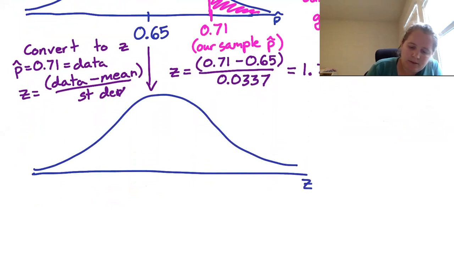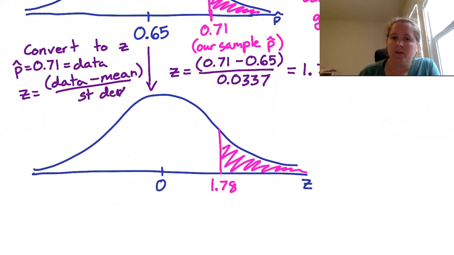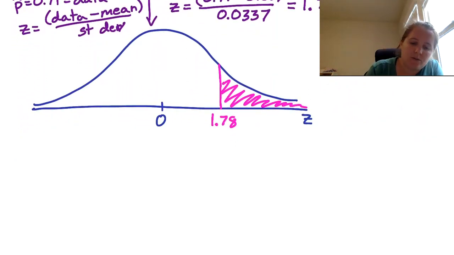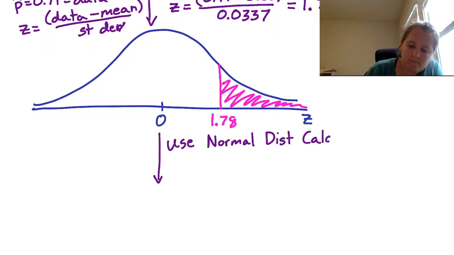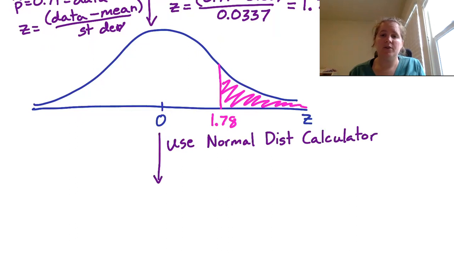So our new distribution we're looking at is the z-score. 0 is always in the middle. And we are now concerned with 1.78 as our z-score. And then we're looking to the right. So from here, we use our normal distribution calculator, which we have over in Canvas, and we are interested in 1.78 looking to the right.